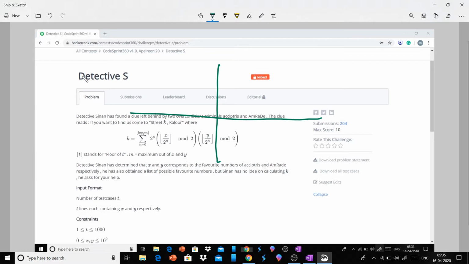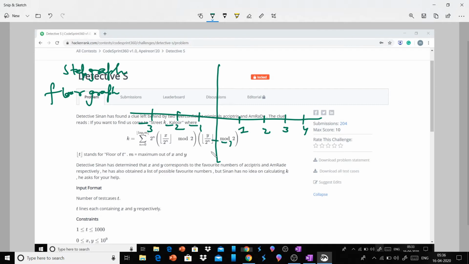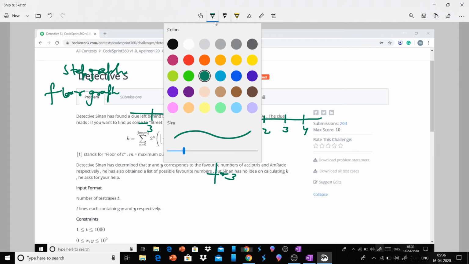This graph is known as the step graph, or you can say floor graph. The step graph is nothing but the GIF of x, right?